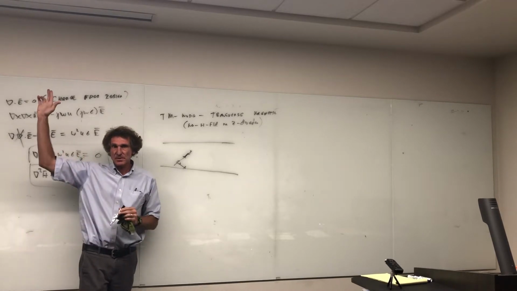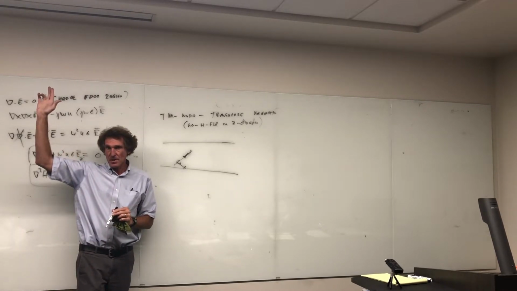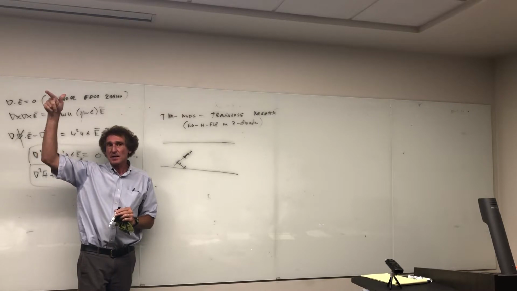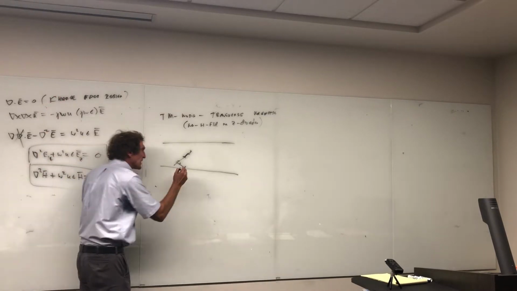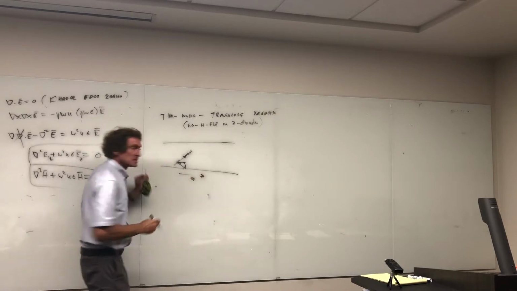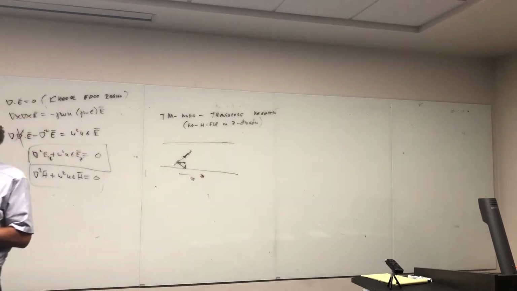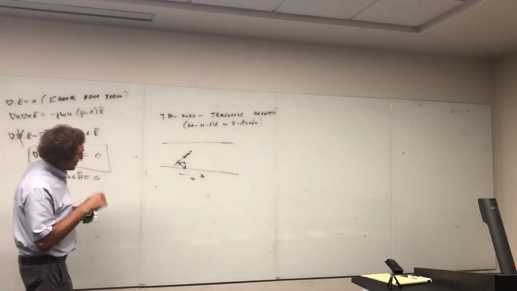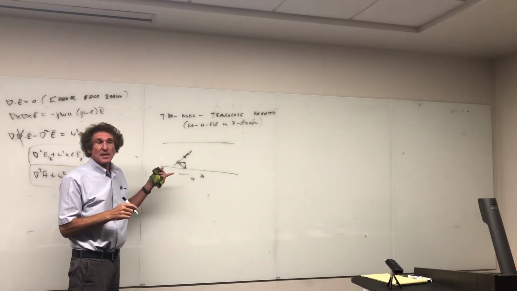Give me a show of hands if you can see that in your mind's eye. Right? Can you see it in the back? Now, do you all see how the H field has a component in the Z direction if this is the Z direction class? Can you see that? How many can see that? The H field has a Z component. Does the E field have a Z component?